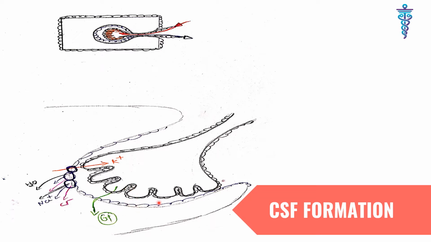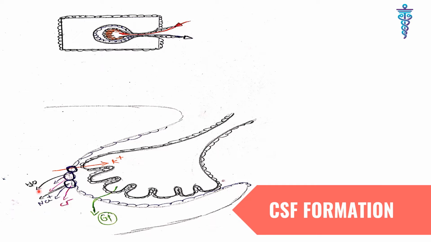This cell has a very specialized pump, which is an active transporter for sodium. So it actively secretes sodium from the cell into the CSF in the ventricular area. Sodium is positively charged, which attracts chloride, which is negatively charged. So sodium moves actively and chloride follows passively. In this area, osmotic pressure is increased, so it pulls water into it.